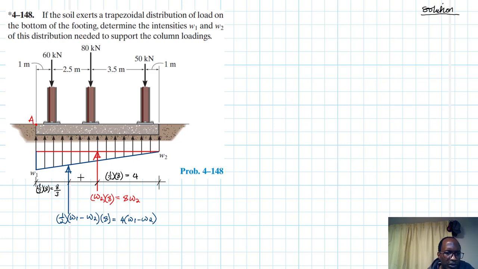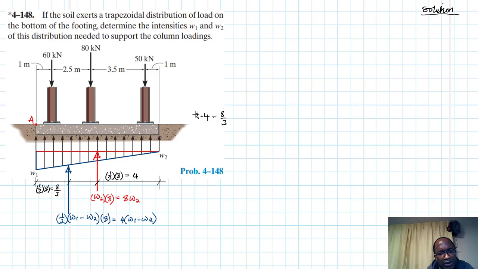Therefore, the distance in between: 8 minus 4 is 4, and then we have 4 minus 8 over 3.